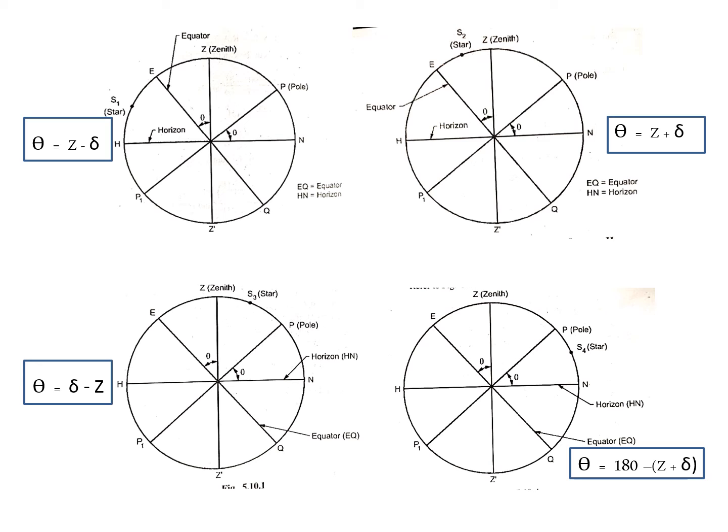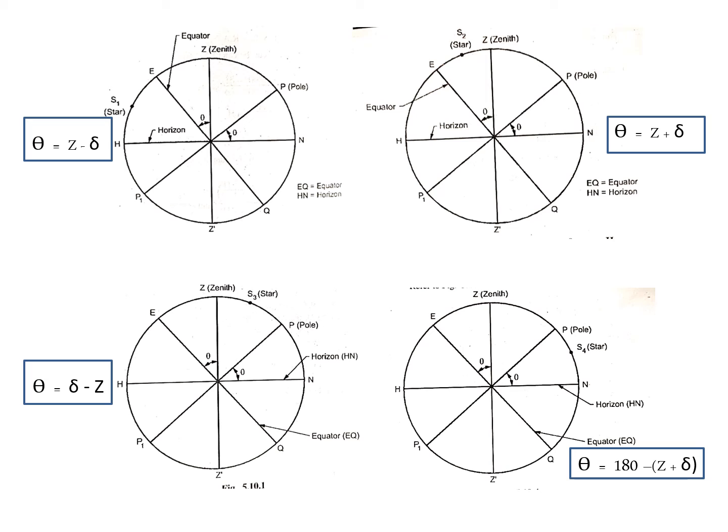Sorry, I'm very sorry. You may see the star above this one, but where E will be, you want to know. And this will be equal to the value of this theta. So once you calculate the theta value, you may locate in the sky where your equatorial plane will be.